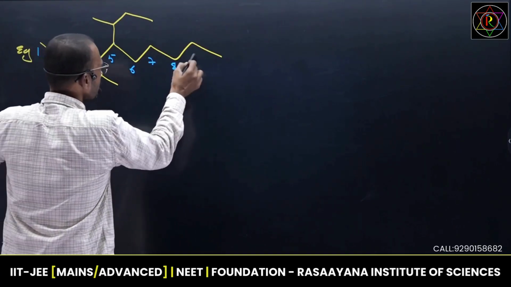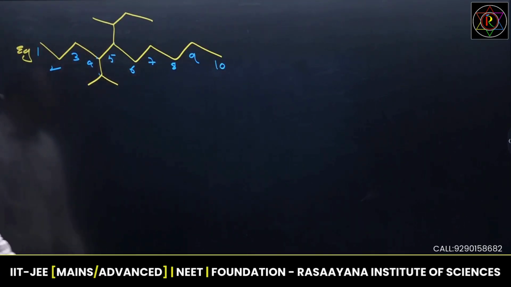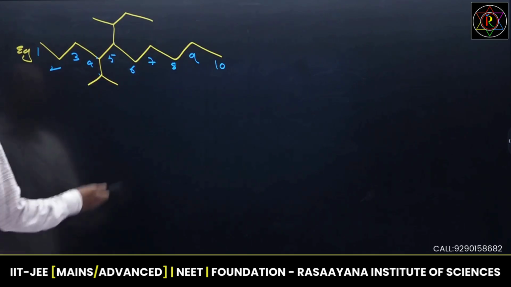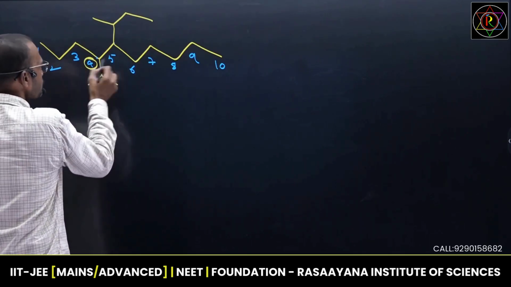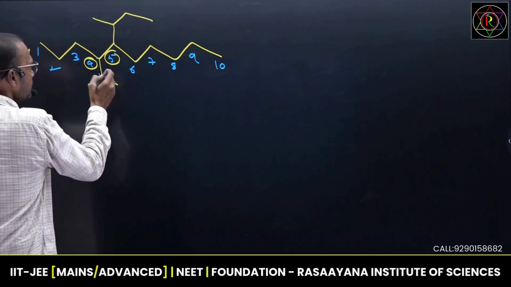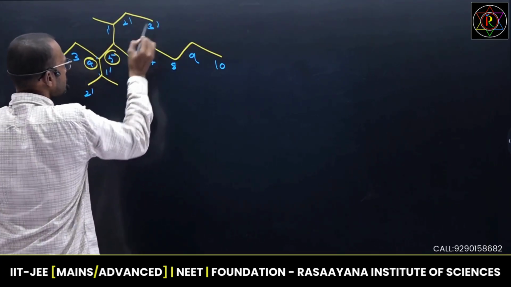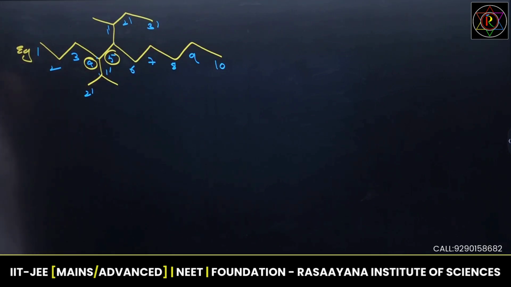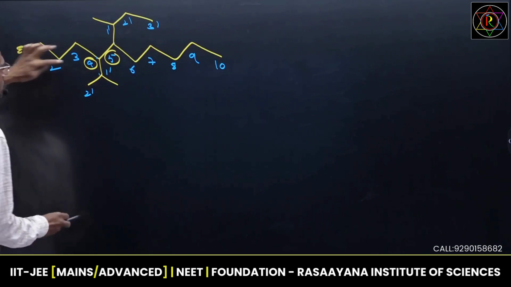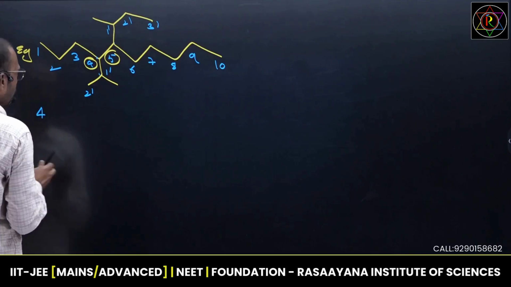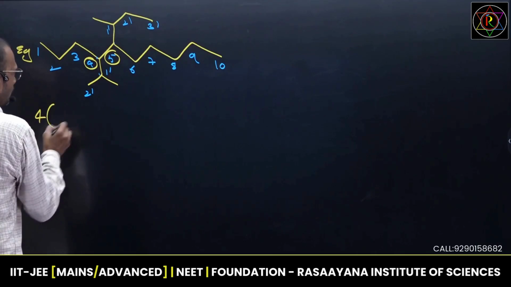4, 5, 6, 7, 8, 9, 10. Okay. So here I am writing fourth carbon, one branch, fifth carbon, one more branch is there. So I can write 1 dash, 2 dash, here 1 dash, 2 dash, and this is 3 dash. Okay. So at the fourth position, one branch is present.